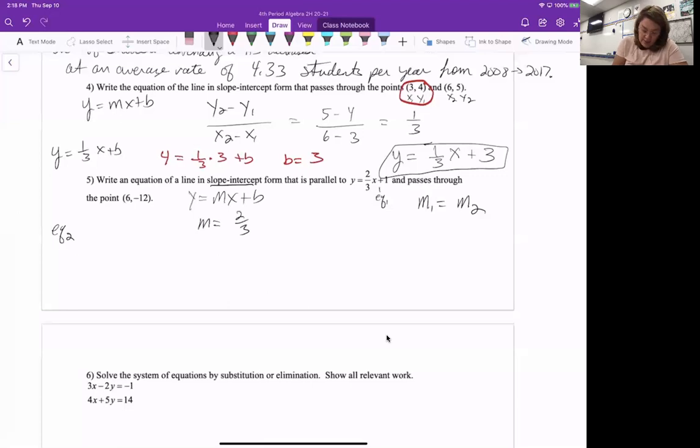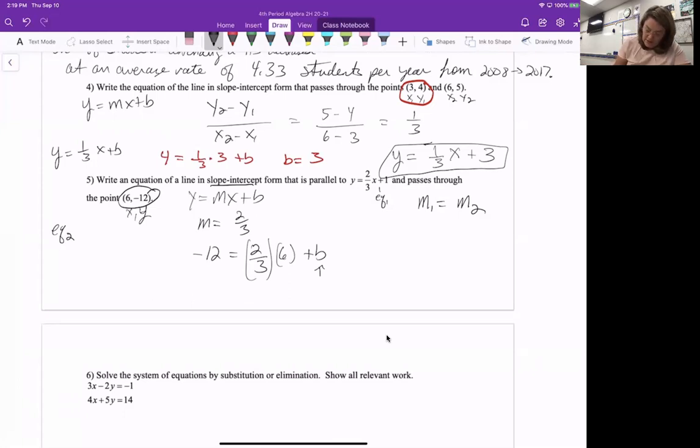Okay, and I was told that there are these 2 points on the line. So there's an x that's on the mystery line, and there's a y. And so I am going to use those values. Negative 12 is equal to 2/3 times x, which is 6, plus b, to find b. Because then if I have the slope and I have b, then I'm good to go. And let's see.